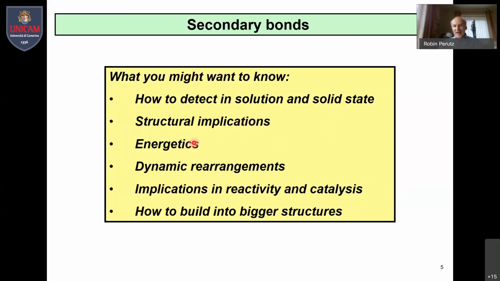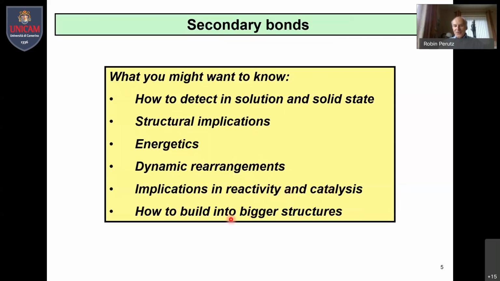We need to know how much bond energy there is for these. And one of the characteristics of weaker bonds is that we get dynamic rearrangement. So we can study those dynamic rearrangements, and they have implications themselves for the reactivity and the catalysis. And of course, those are probably the most important questions of all.